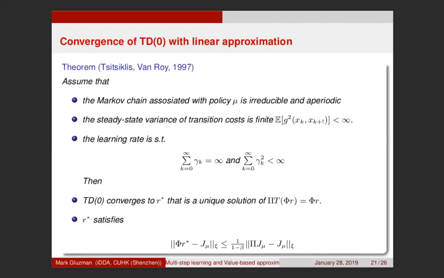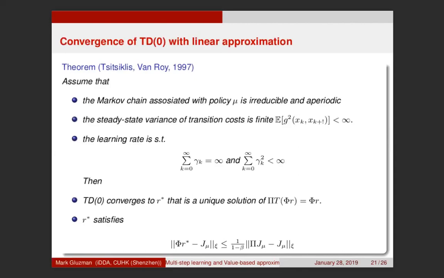So the question is, what is the error between Φ R star and Φ R_n? Let's assume you want this error to be less than epsilon, according to some norm. How many iterations of the TD0 algorithm do you need to make to get to this error?